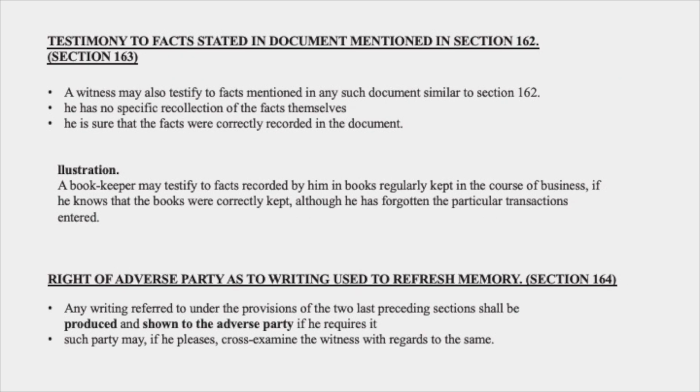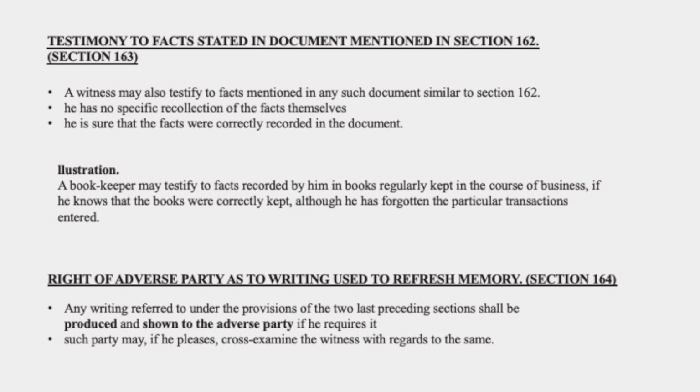The next provision is with regard to testimony to facts stated in a document mentioned in section 162. A witness may testify to facts mentioned in any document, in the same way as in the previous provision, where he has no specific recollection of the facts, but he is sure that the facts were correctly documented or recorded.